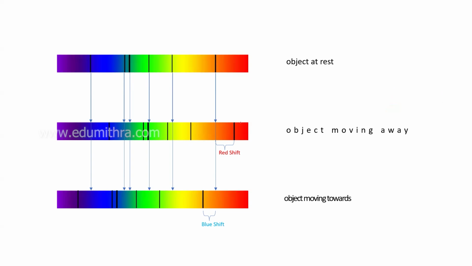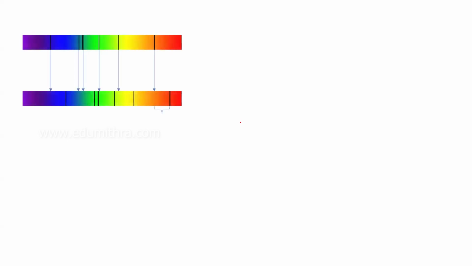So from the red shift and blue shift, we can understand whether an object is moving away from us or towards us. But not just that, we can even infer at what speed it is moving. So there is something called delta lambda. Lambda means the wavelength of the light.